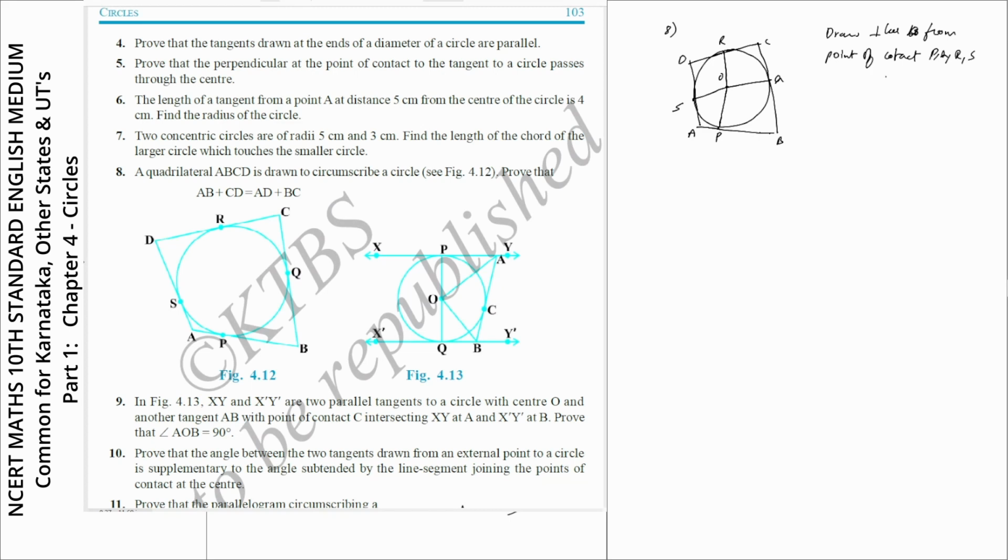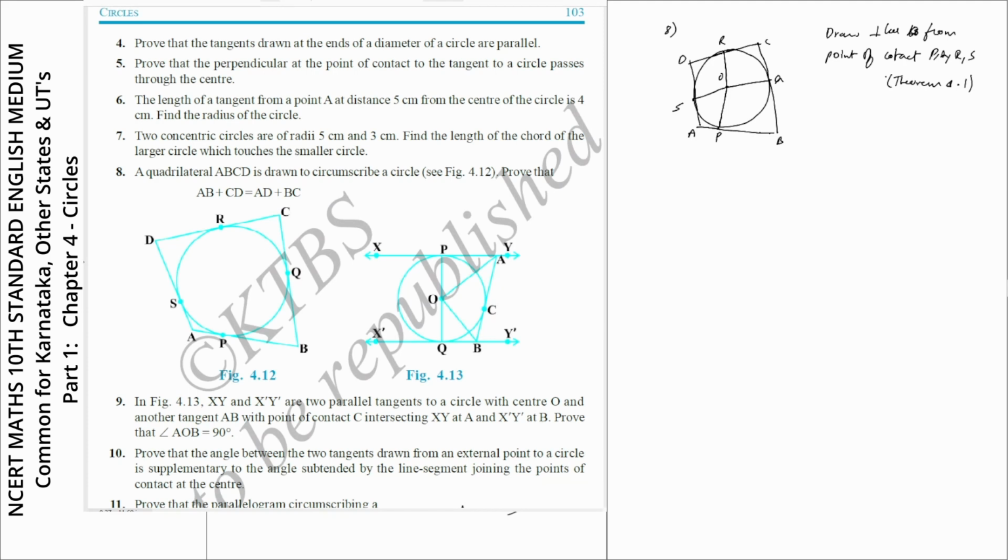Because of theorem 4.1. Theorem 4.1, what does it say? It says the tangent at any point of a circle is perpendicular to the radius through the point of contact.